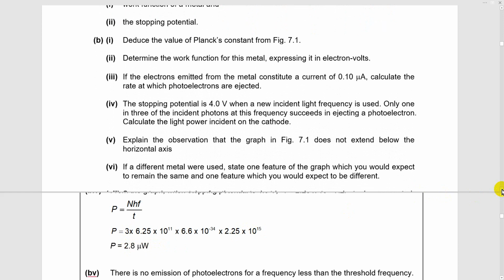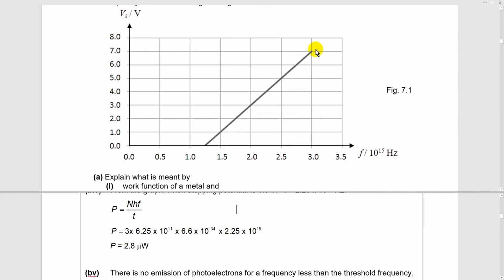Okay, next, part 5. Explain the observation that the graph in figure 7.1 does not extend below the horizontal axis. So notice that they only draw the graph here, they do not draw below. Well, this graph will not exist physically because if you use a frequency that's lower than the threshold frequency, you won't get any electron emission at all.